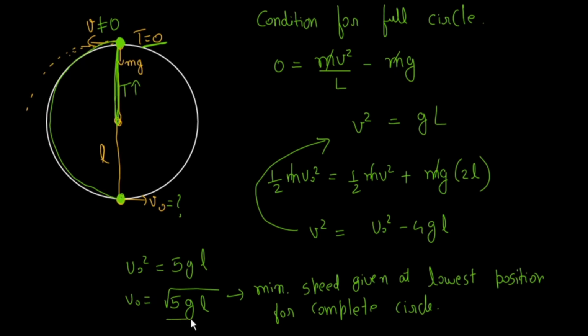Alright, so this is the minimum speed that must be given at the lowest position for it to complete a full circle. So if I had to revise the whole video, I can say that if you have a stone which is tied to a string of length L and you give some speed v, if your speed is less than under root of 2gL, then your body will oscillate.